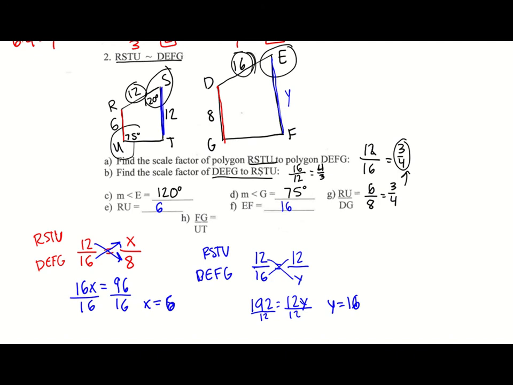The ratio of the figure RSTU to DEFG is always going to be 3/4. So to find H, even though we don't have FG and UT right here, we still know what those ratios are because the ratio of DEFG to RSTU, no matter what sides we pick, is always going to be 4/3. That's what we got here for B.